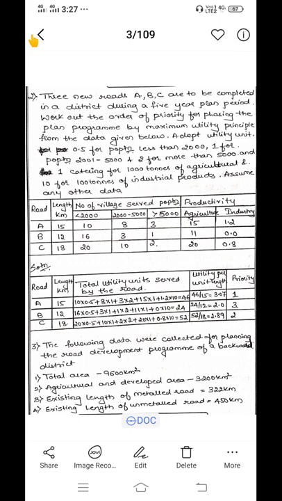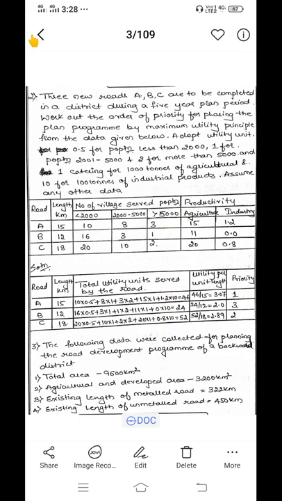For that the utility unit is 1. Similarly, for industrial product having more than 100 tons, there are 1.2 numbers. So 15 into 1 and 1.2 into 10. You will get the total utility as 46.